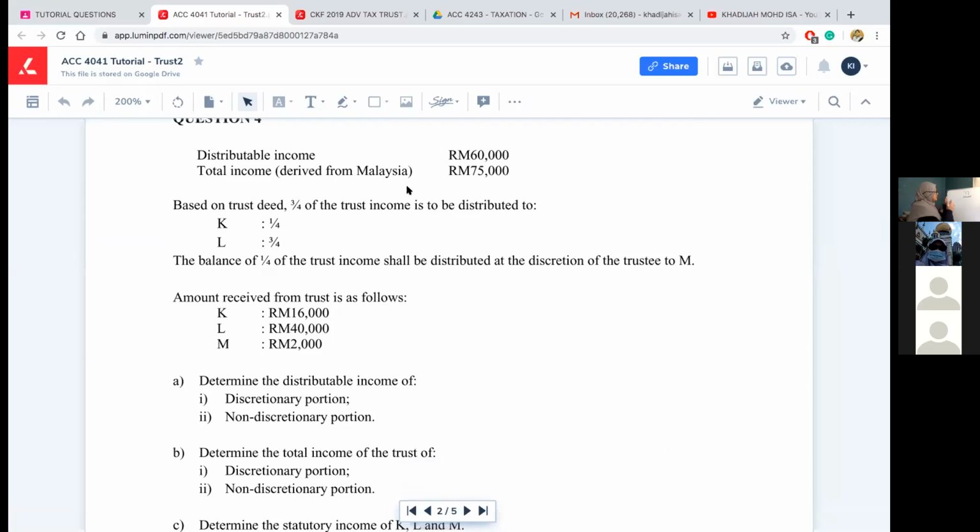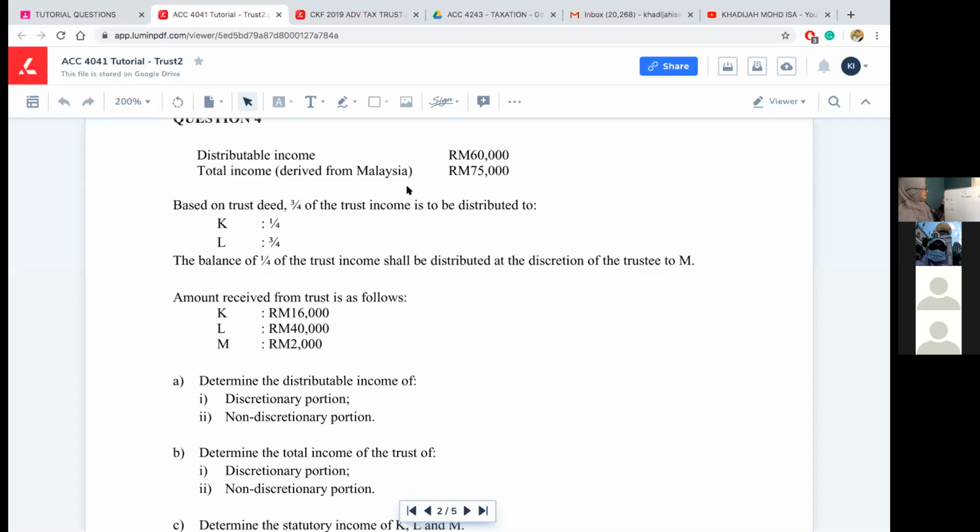You know that the non-discretionary is K and L and the discretionary trust is M. So K and L is 3/4. Sorry, I swapped total income and distributable. Total income is actually 75,000. Distributable income is 60,000.